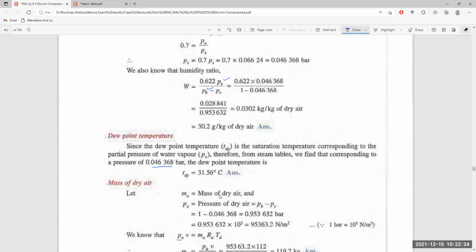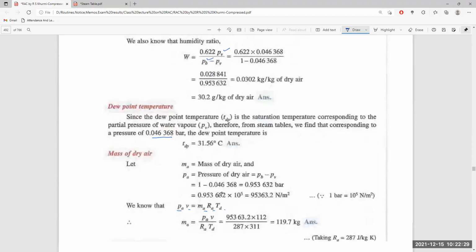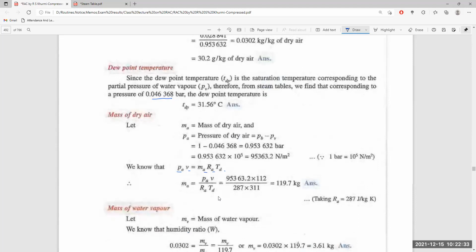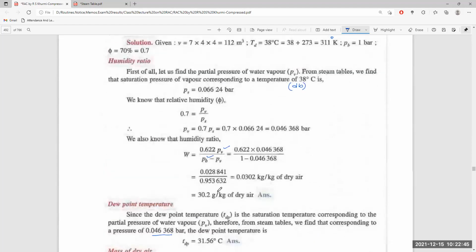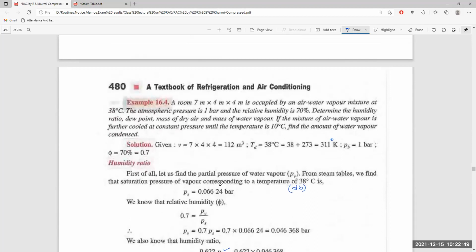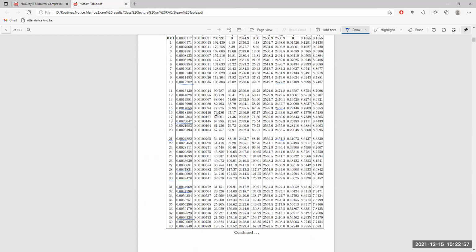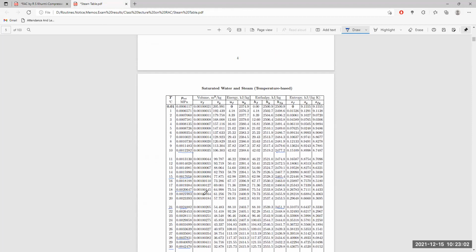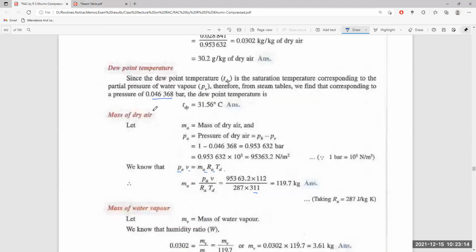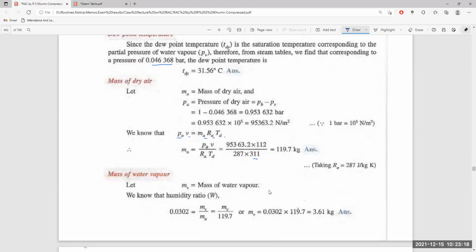And from the gas equation, PA into V equals MA into RA into TD, where PA is available, RA is given, TD is given, and the volume of dry air is 112. If you put in the values, mass is equal to 109.3 kg.